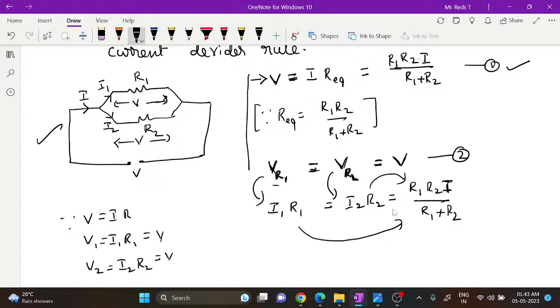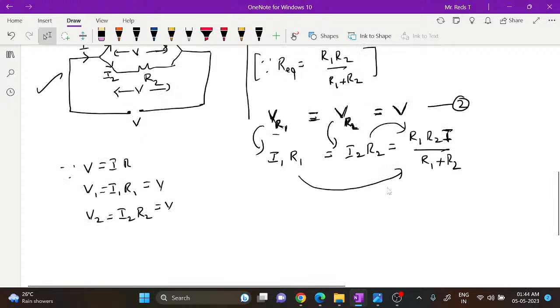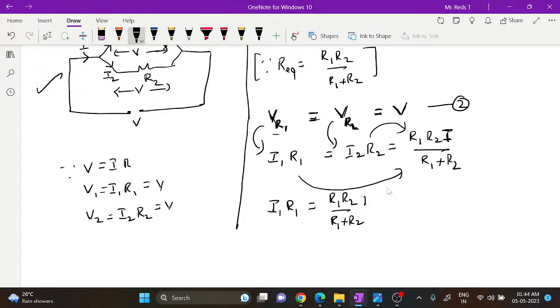Now to find the individual currents I1 and I2, we have to simplify this in such a way that let us take I1 R1 equal to R1 R2 by R1 plus R2 into I. Here R1 and R1 cancel, and you will get I1 is equal to R2 by R1 plus R2 into I. So this is the current through the resistor R1.